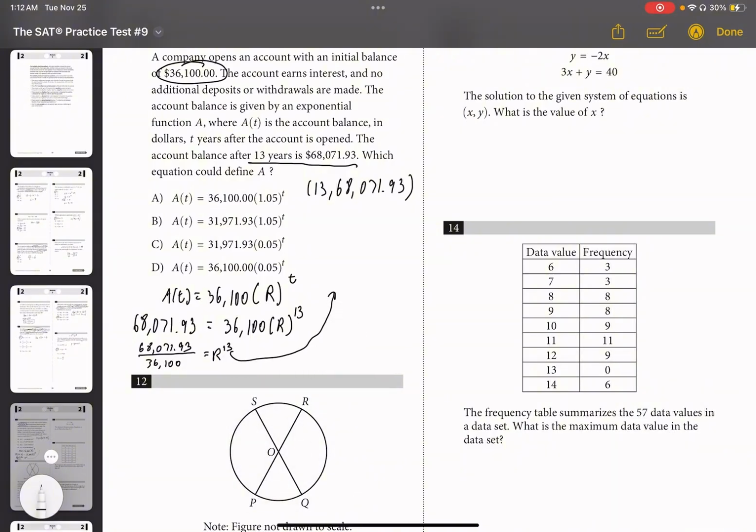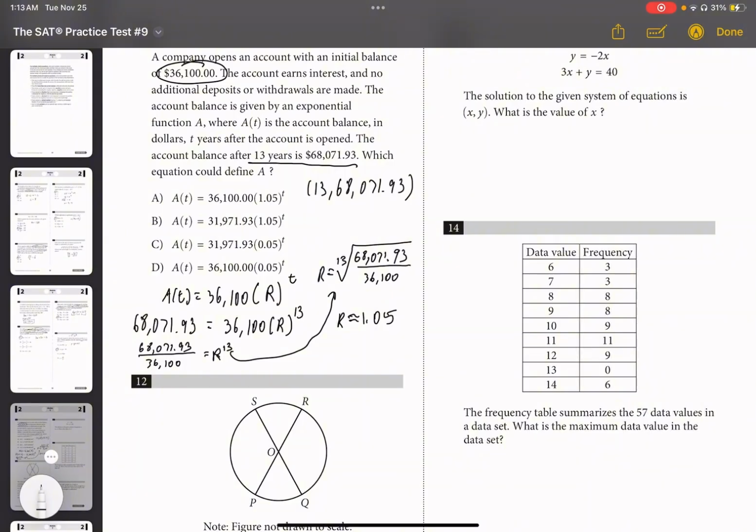Now what we're going to do is take the 13th root of our value here, and this is going to be equal to, use our calculator for this, 68,071.93 over 36,100 to the 13th root, which is approximately equal to 1.05.